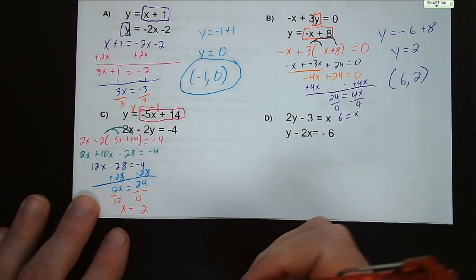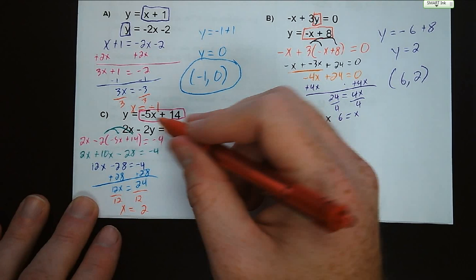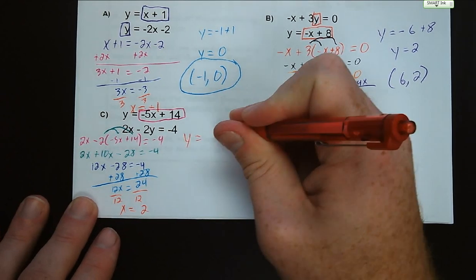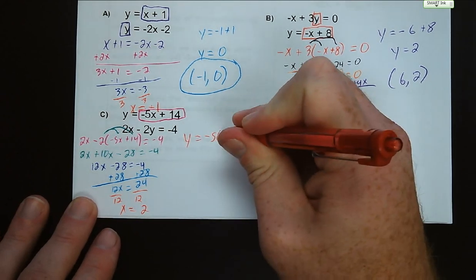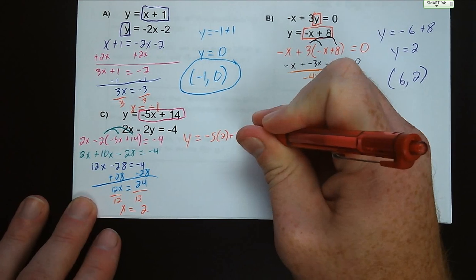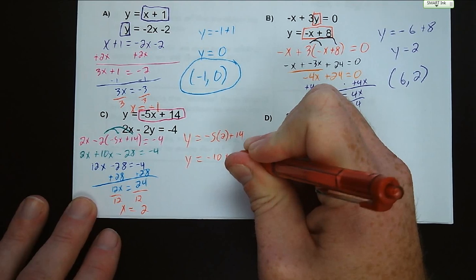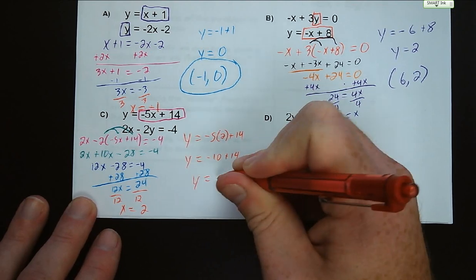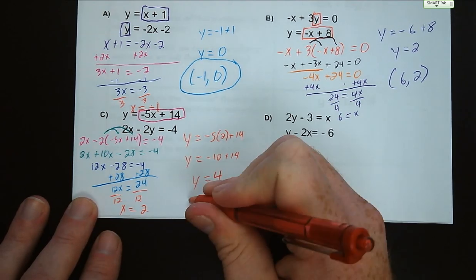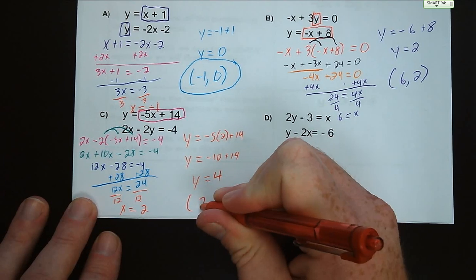So now we substitute that into one of our equations. So y equals negative 5 times 2 plus 14. y equals negative 10 plus 14. y equals 4. So your ordered pair is 2, comma 4.